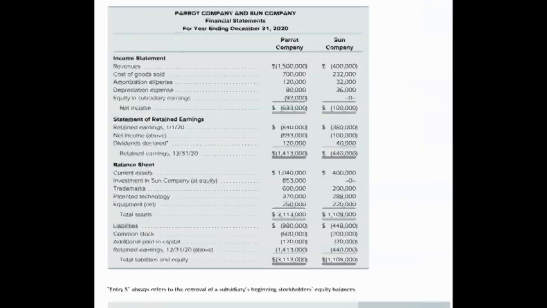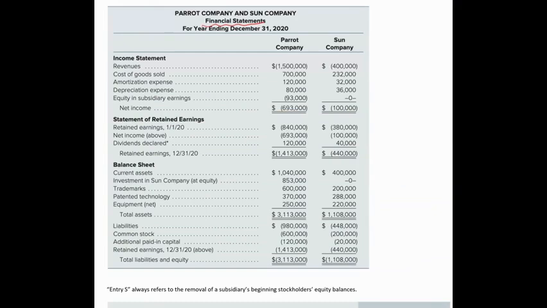And these are the parent and subsidiary financial statements at the end of the year, and we need to use consolidation entries to combine them together. More specifically, we're going to use entries to remove this investment account, because when we combine them together, this investment account should not be there.